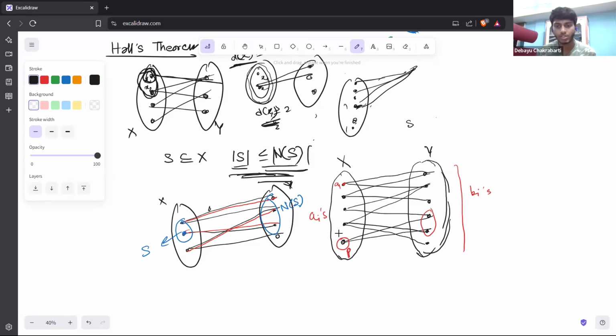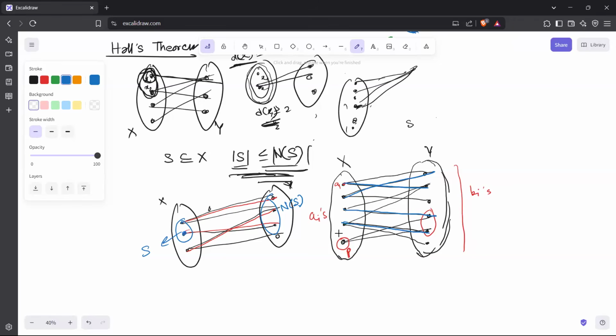Well, let's just draw a sample matching to make things simpler, right? This one, right?